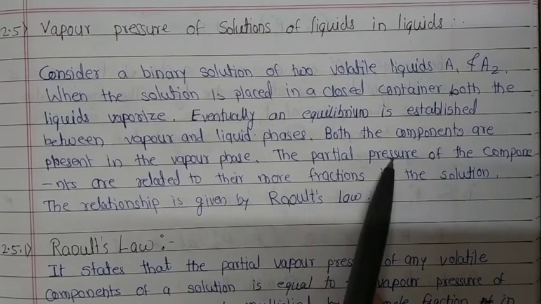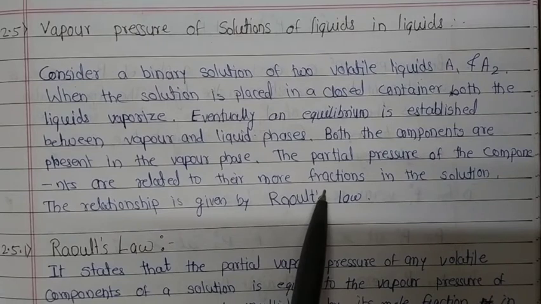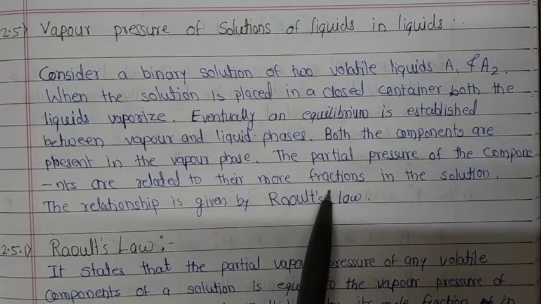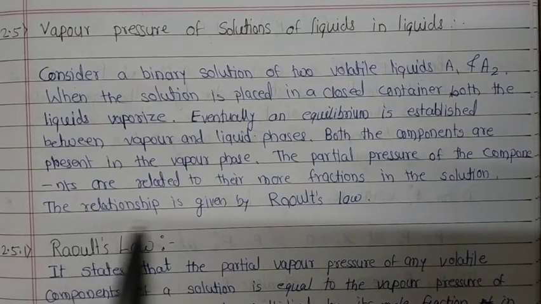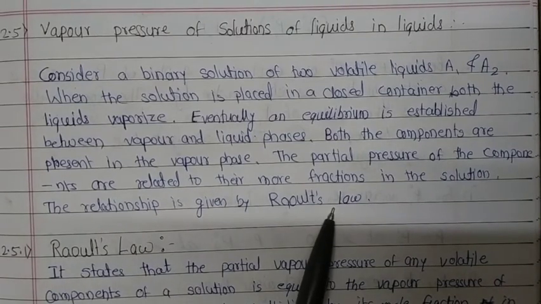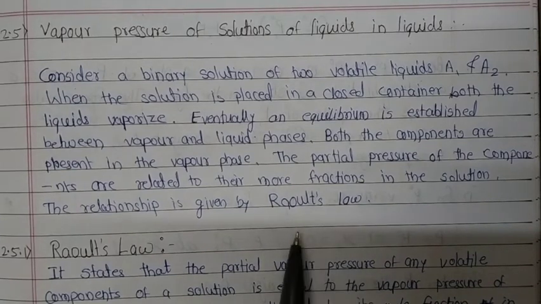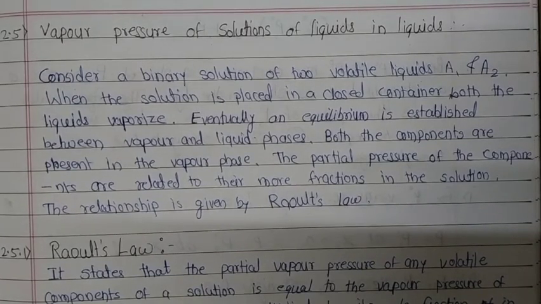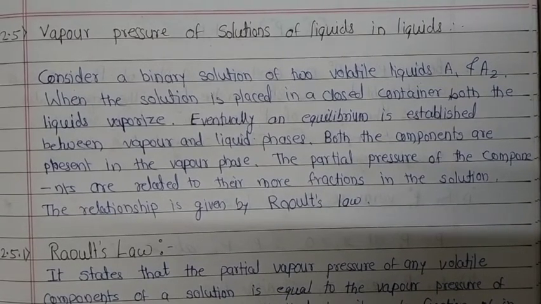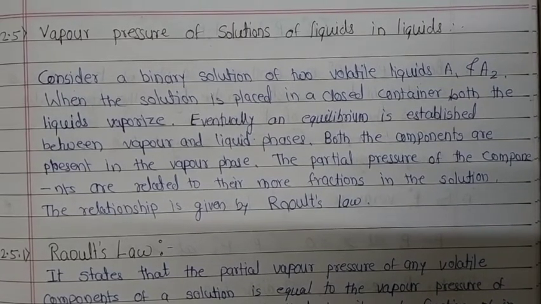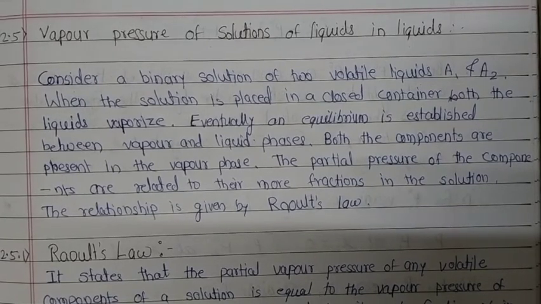The partial pressures of the components are related to their mole fractions in the solution. The relationship is given by Raoult's law. Here, Raoult's law is explained, which shows a binary solution of two volatile liquids A1 and A2 kept in a closed container.